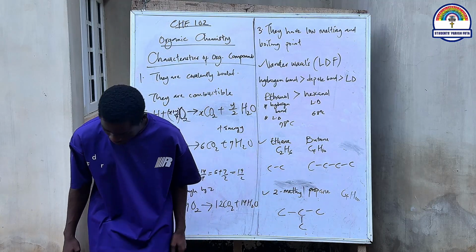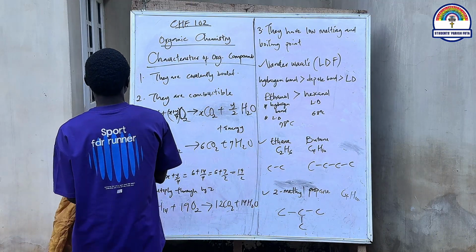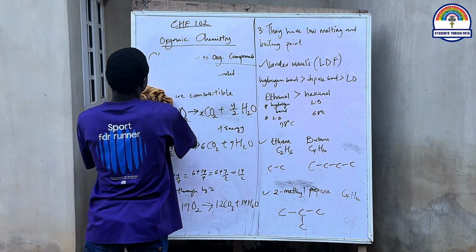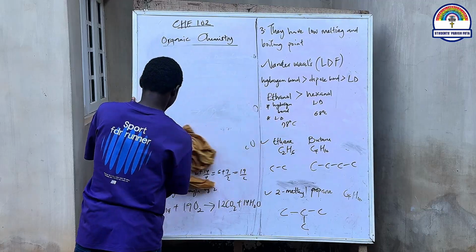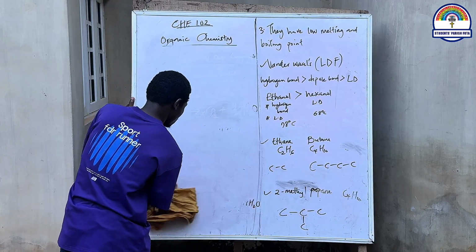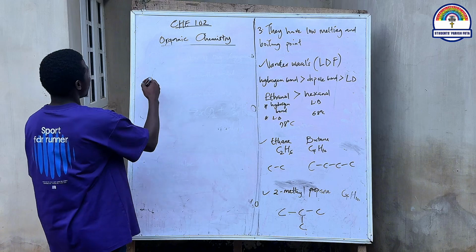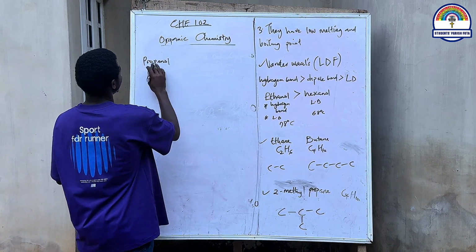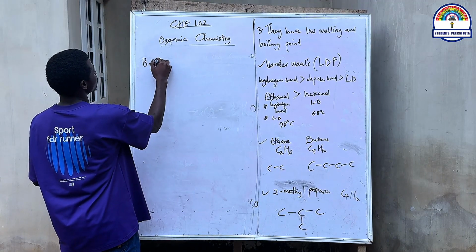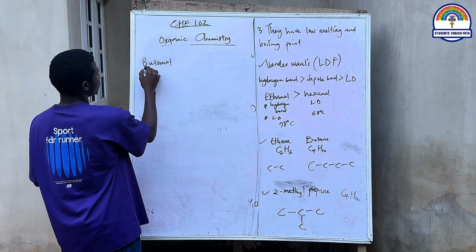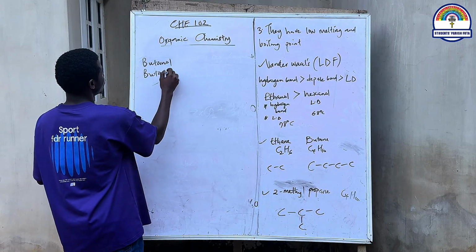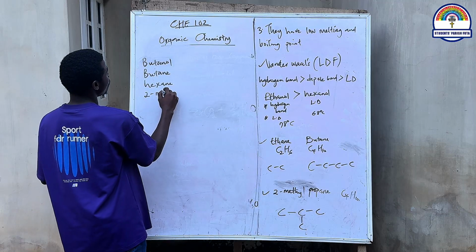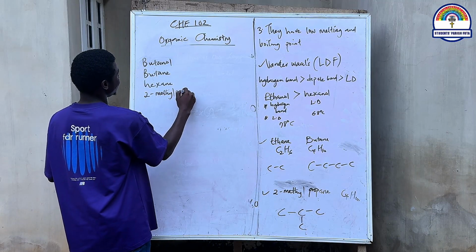Now let's arrange every one of them together. So let's assume we have propanol, then we have butanol instead. So we have butanol, we have butane, we have hexane, and we have 2-methyl pentane.